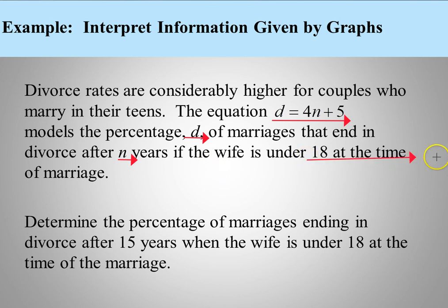So there are three things you need to consider here: D is the percentage of divorce, and N stands for the number of years, if the wife is under 18.